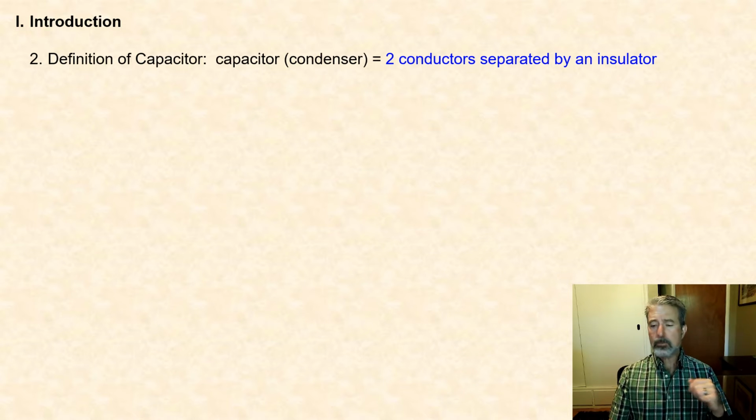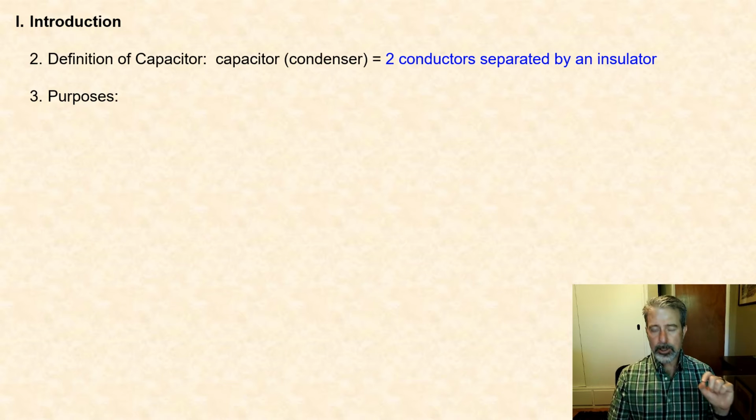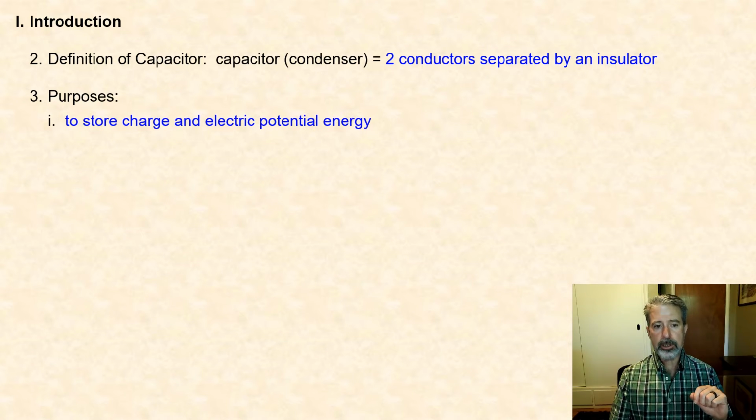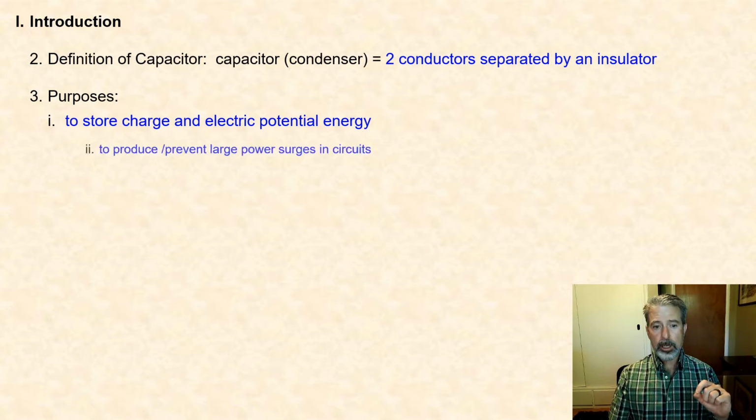Why is this electronic device we call a capacitor so important? These are some of the purposes for which capacitors are used in technology. They can store charge and therefore electric potential energy, and that charge and energy can not only be stored but also released quickly.